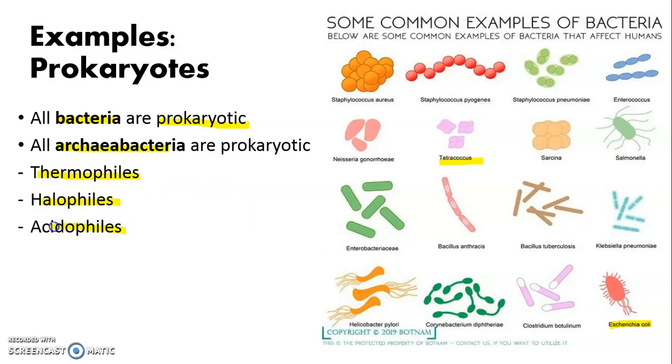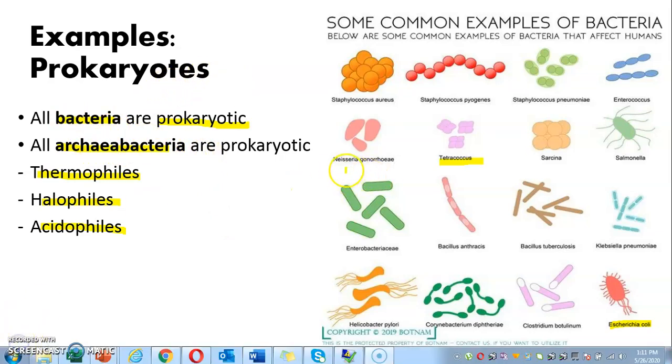And also the acidophiles are able to survive some of the most acidic environments here on our planet. So both of these, bacteria and archaeobacteria, are prokaryotes. And by the way, these organisms are single-celled organisms, composed of only one cell.